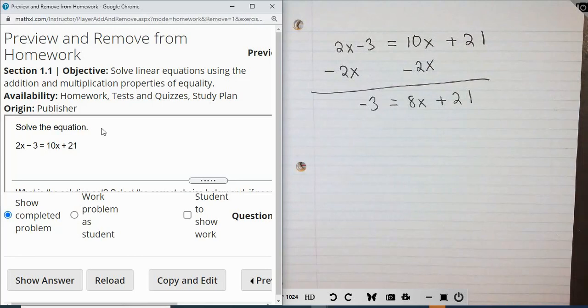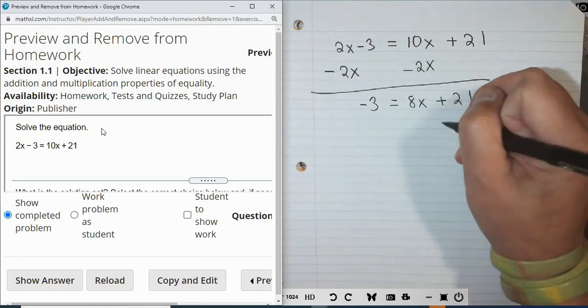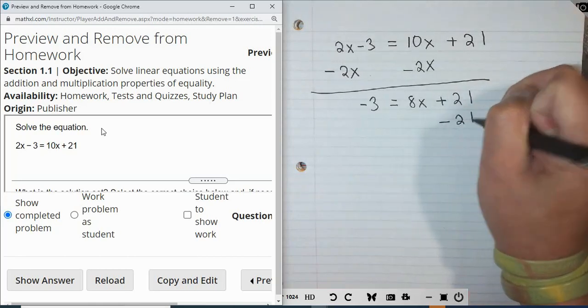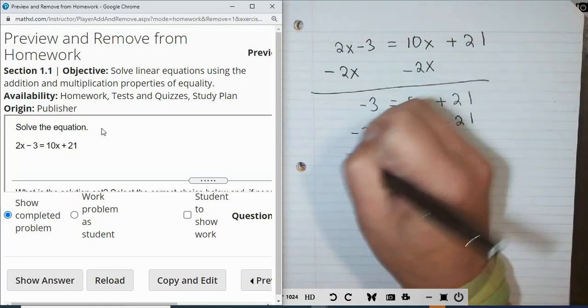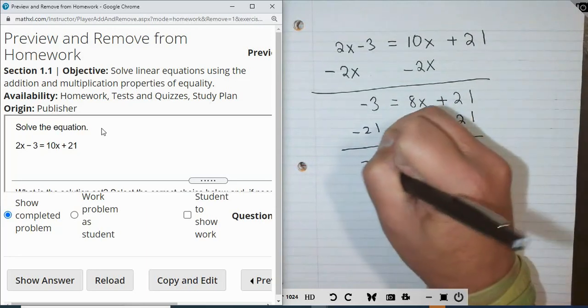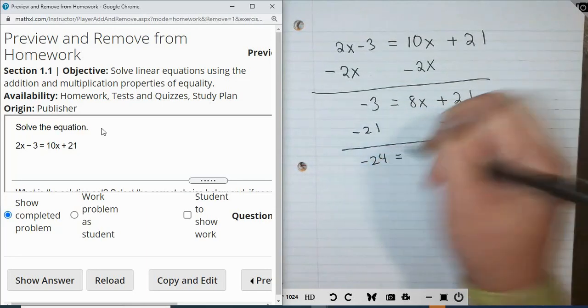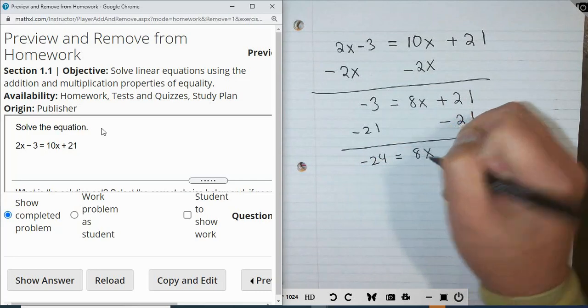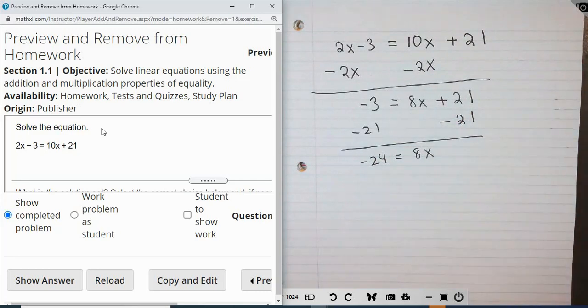Now I've got the variable x over to one side, but now I had to get the constants over to one side. So I would subtract 21 from both sides, and I got negative 24 equals 8x. And then now I want the coefficient of x to be 1.